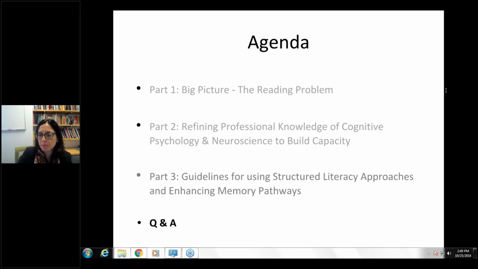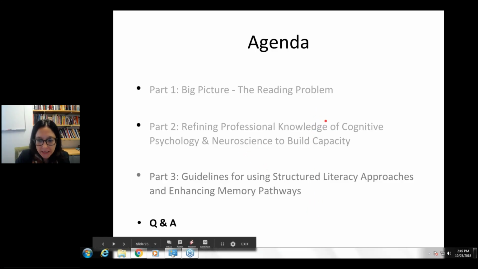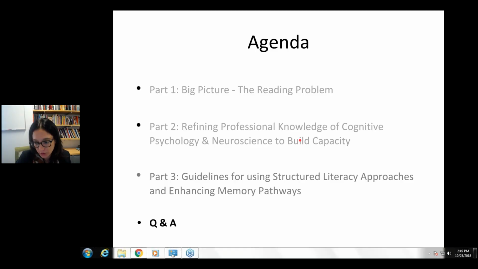Okay, yes, great point. And I'm sorry if I wasn't clear about that. So you definitely, with the phase model, would not limit kids' access to multisyllabic words, right? So if a kid is in the pre-alphabetic or partial alphabetic phase, there's no reason to limit their access to multisyllabic words. You're not hiding those from them.